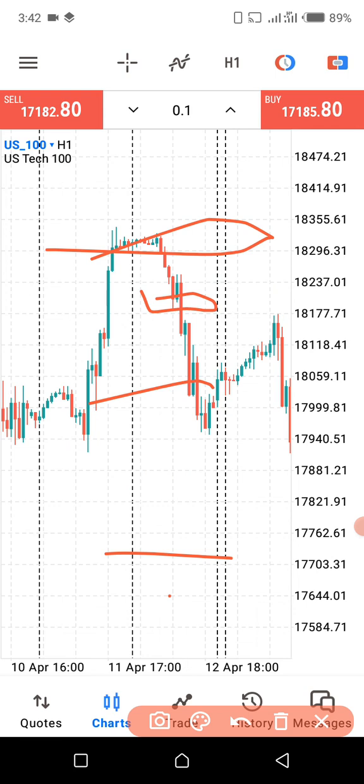There was a displacement, and then within the displacement, that range, you look for the fair value gap. That is the 2022 ICT mentorship. You look for the fair value gap there.